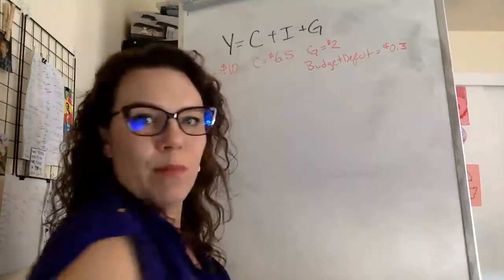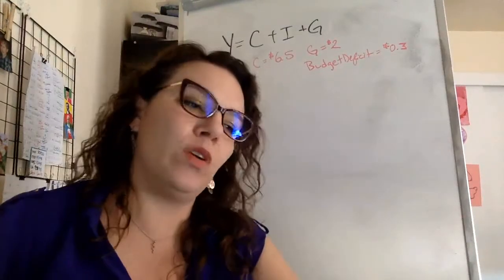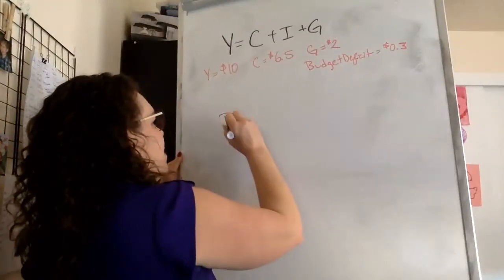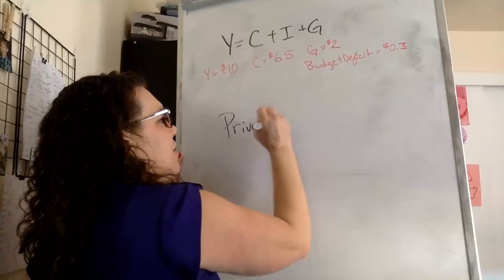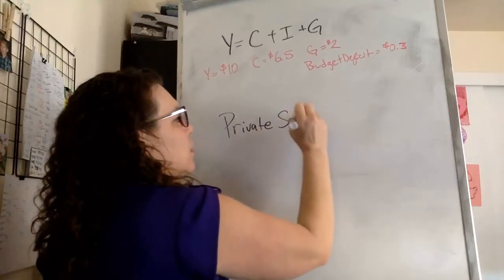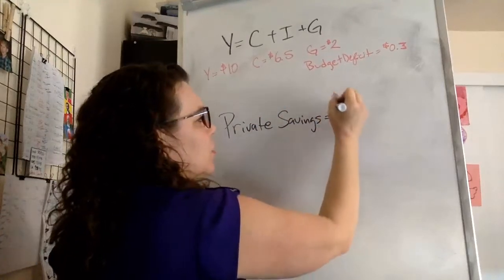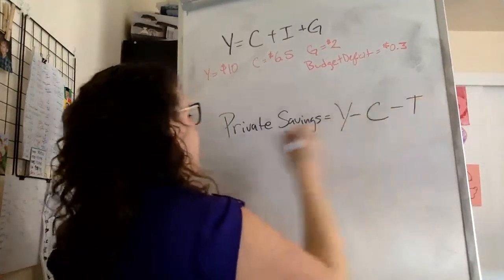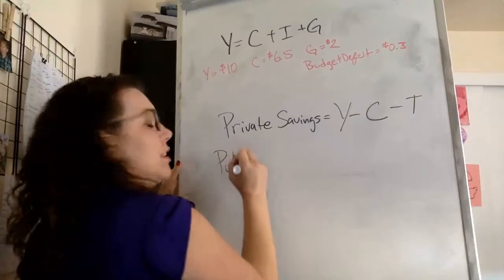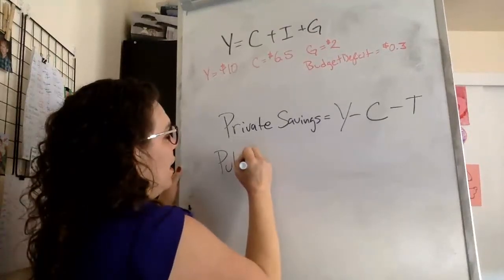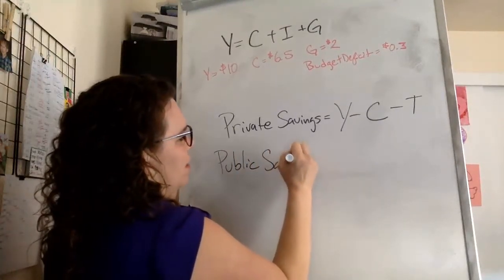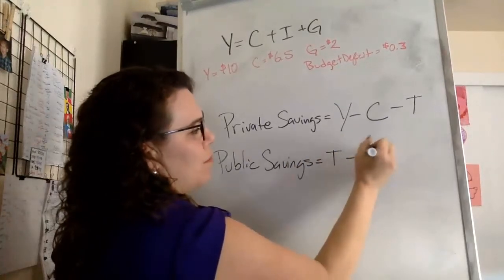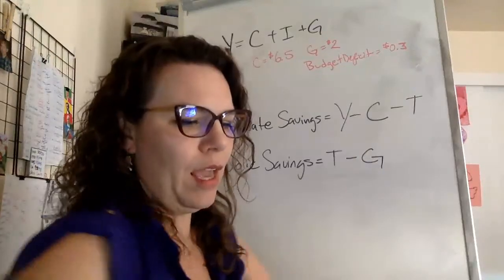And what we want to remember here is what we've learned about savings in the economy. We have private savings, which is the savings of households, and that's equal to Y, income, minus consumption spending, minus taxes. And then we have public savings, the savings of the government, which is equal to their revenue, taxes, minus their spending.